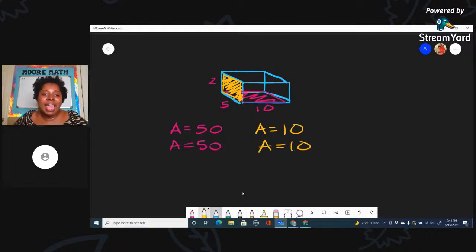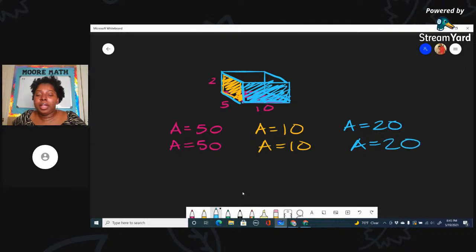Okay, and now what did you get for the front and the back? So 20. Good. 2 times 10. Excellent. Okay, and then you added them all together. And tell me what you got again. 160. Yep, that's good. Awesome.